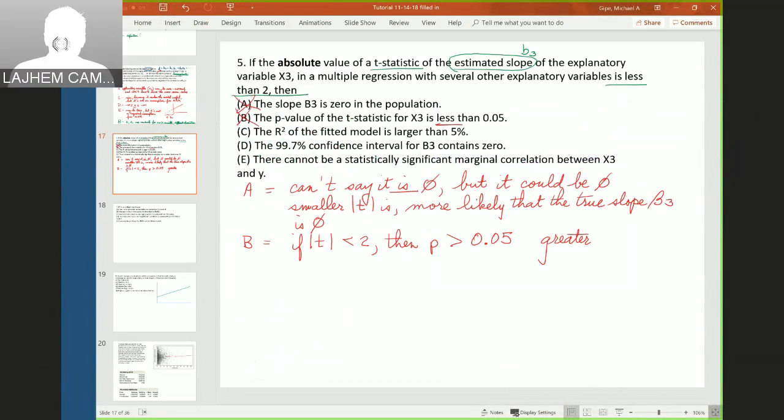How about the R squared of the fitted model is larger than 5%?